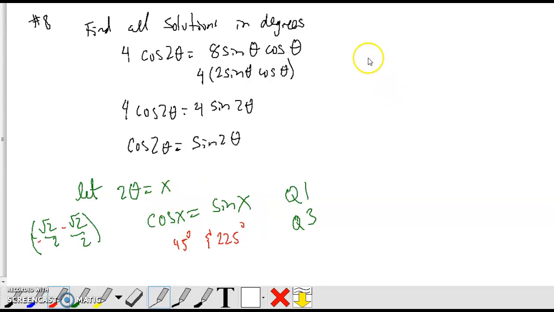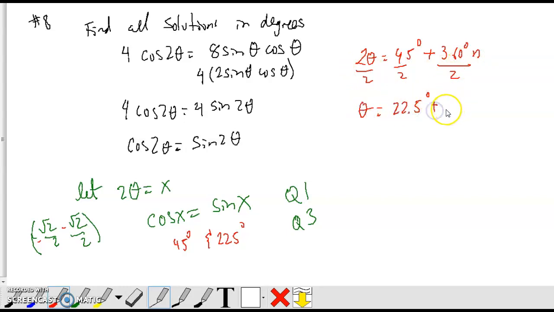When I come up with my equations, I say 2 theta is equal to 45 plus 360n. I'll divide everything by 2. Half of 45 is 22.5, and half of 360 is 180.